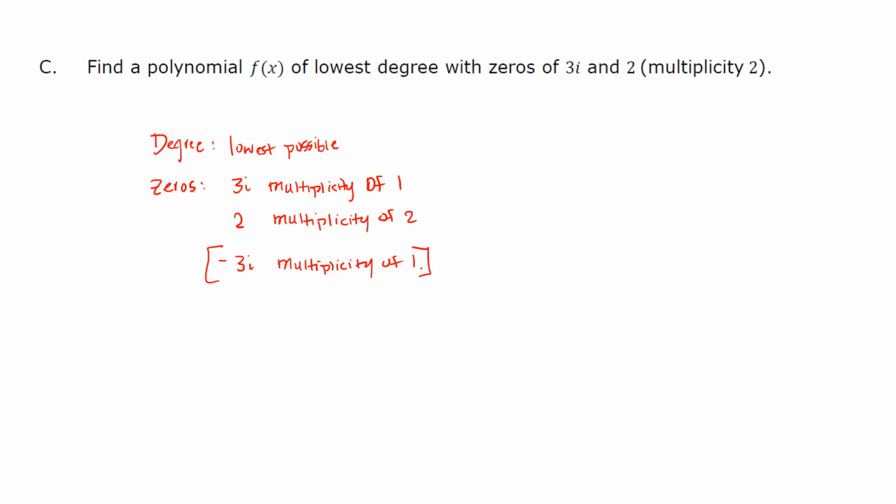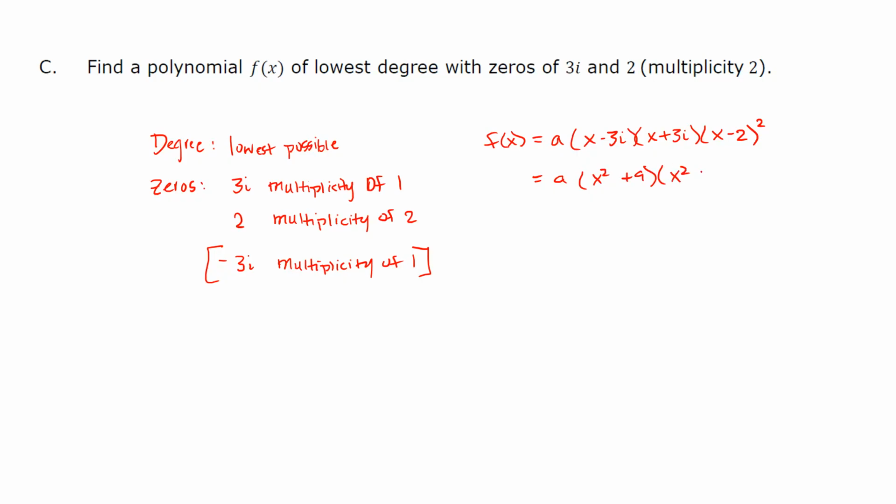So to find this polynomial, we're going to take f of x equals a times the product of its linear factors. So that would be x minus 3i, x plus 3i, and x minus 2, but that would have an exponent of 2 because it has a multiplicity of 2. So then we would need to multiply these through. So this would give us x squared plus 9.